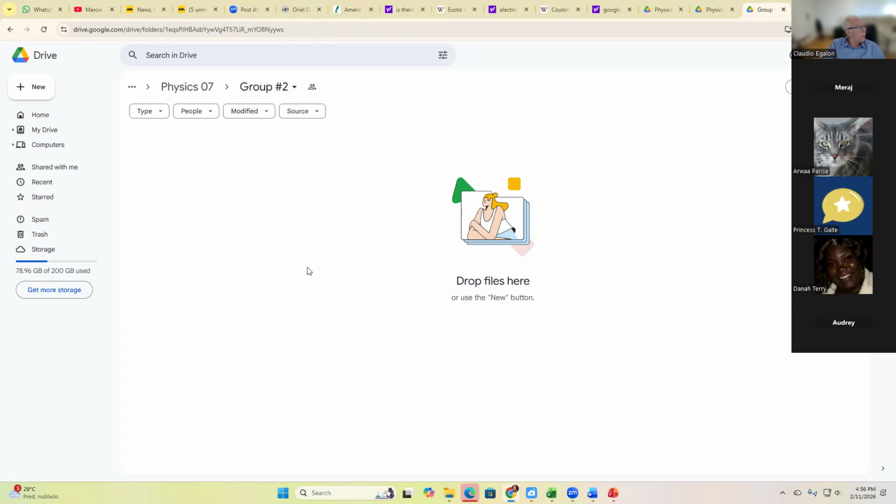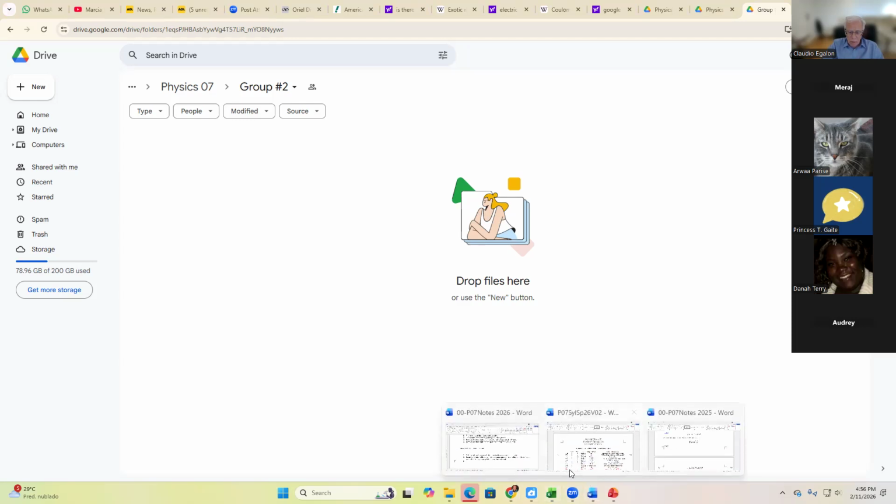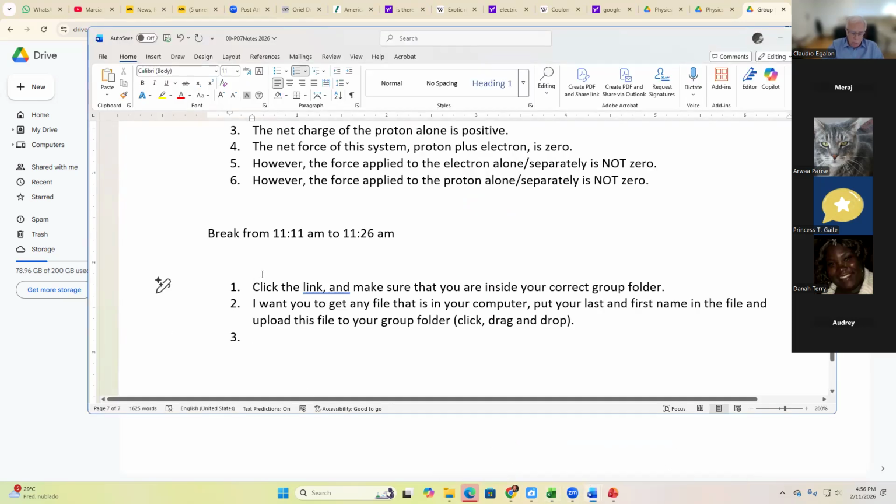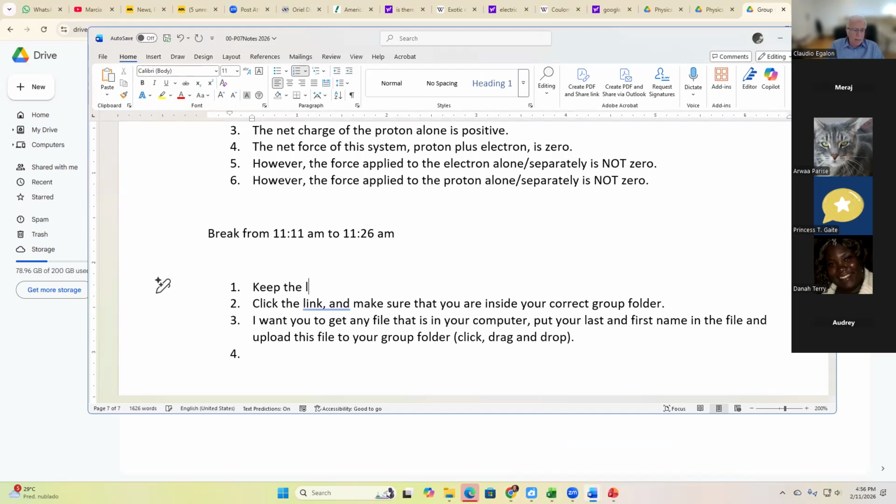Just make sure you got the correct link for your group folder, and keep this link in a safe place for the rest of the semester. You'll be using this link for the remainder of the semester.